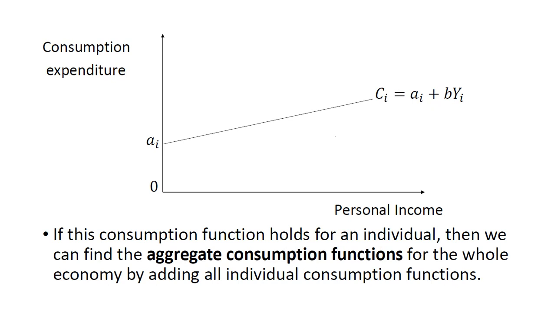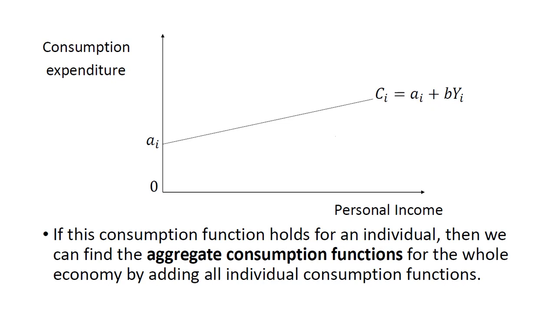So if you take individual consumers, you sum their total autonomous consumption, then you have the sum of A_i. Then the B, we cannot sum it, we can only find the average, so that we can say on the average individuals spend, let's say, 50% of their income.